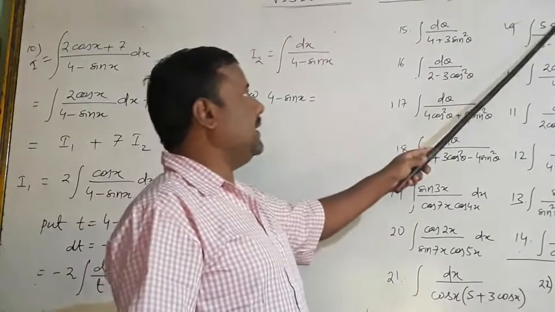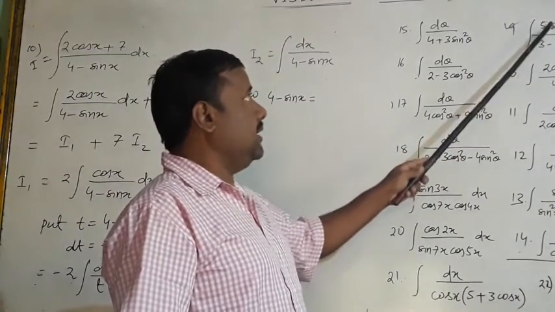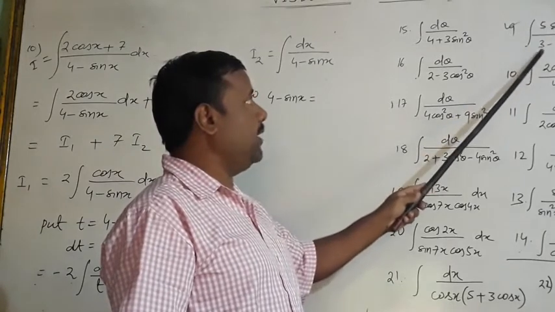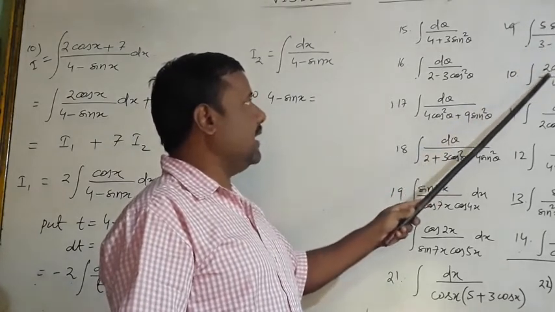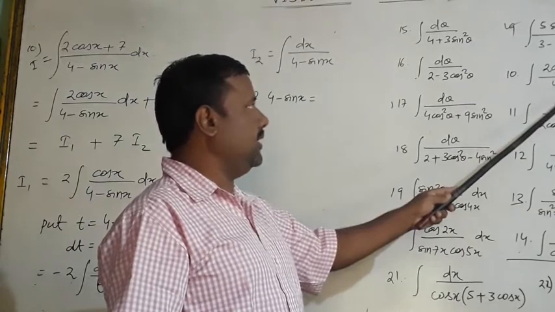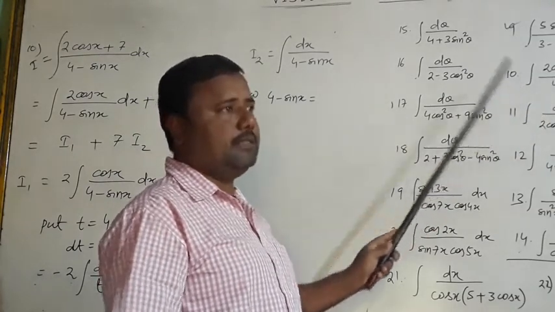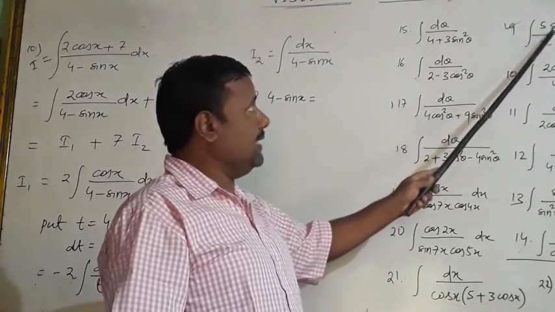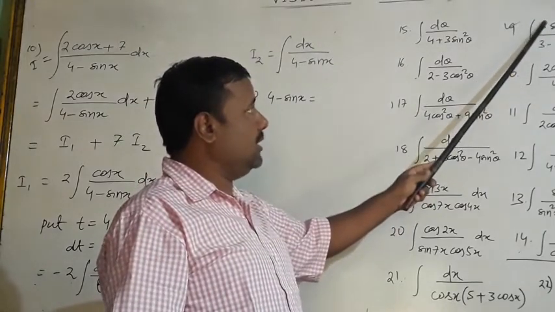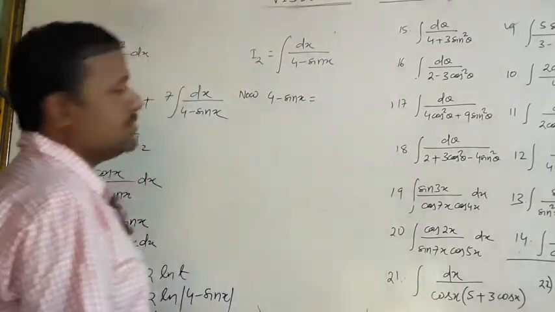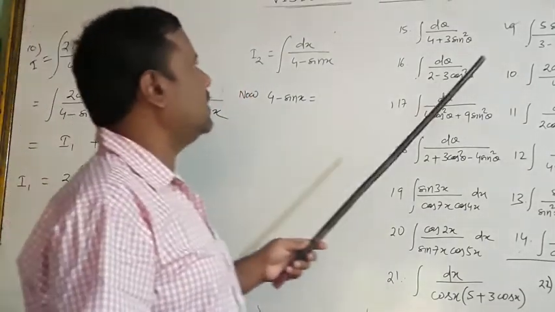Look at the difference. Here it is sin x, here it is cos x. If it is (a sin x + b)/(c sin x + d), or (a cos x + b)/(c sin x + d), here only sin is in the numerator and also sin in the denominator, then you have to adjust, which I did in number 9.